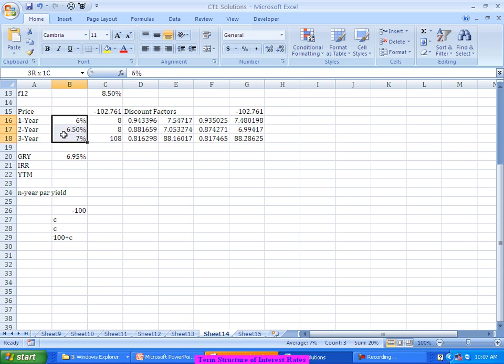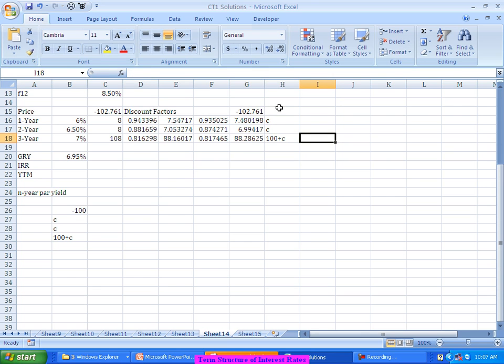Now, if I assume the same spot rates for the next 3 years, which means the discount rates are these. I'll not take these as 8 and 108. Probably this will become C. So this will become C, this will become C, and this will become 100 plus C.